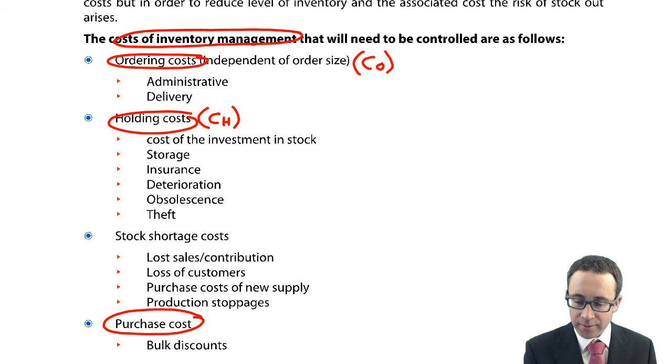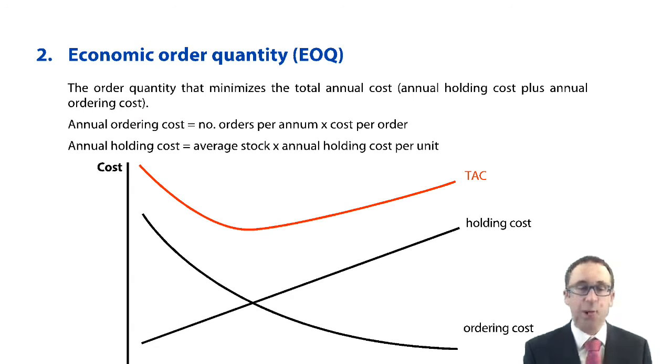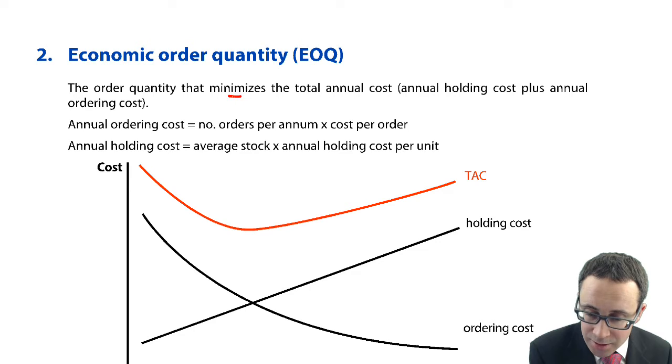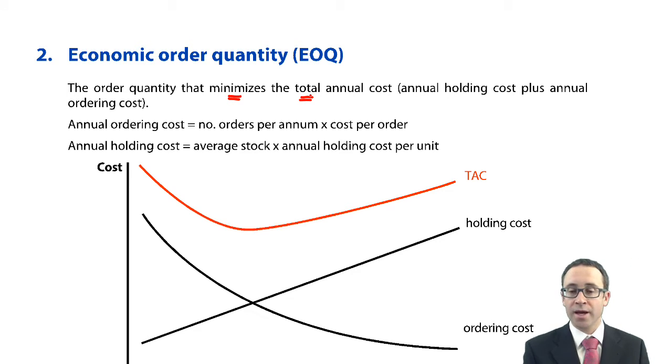And what we have there is referred to as your economic order quantity, or your EOQ for short. And you can see there that the definition at the top is what we've spoken about. The economic order quantity is the order quantity that minimizes the total annual costs. Okay, so your annual holding cost, your ordering cost, and also your purchase cost.